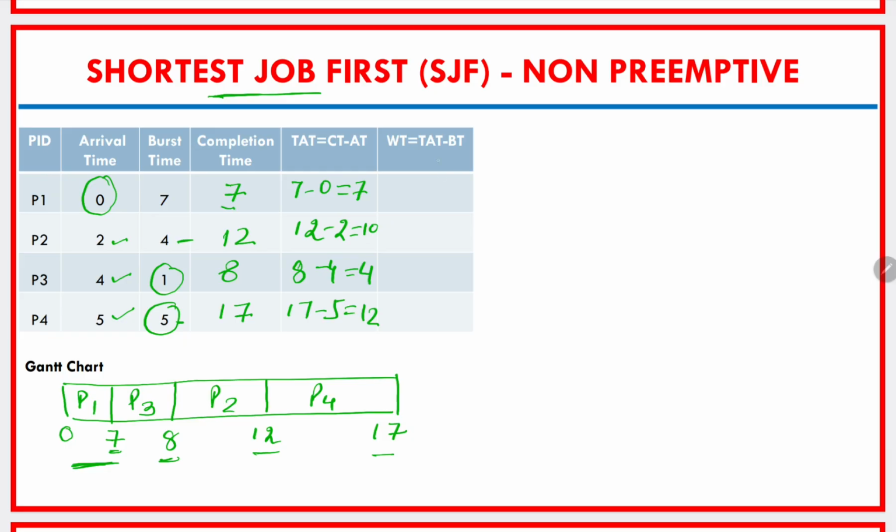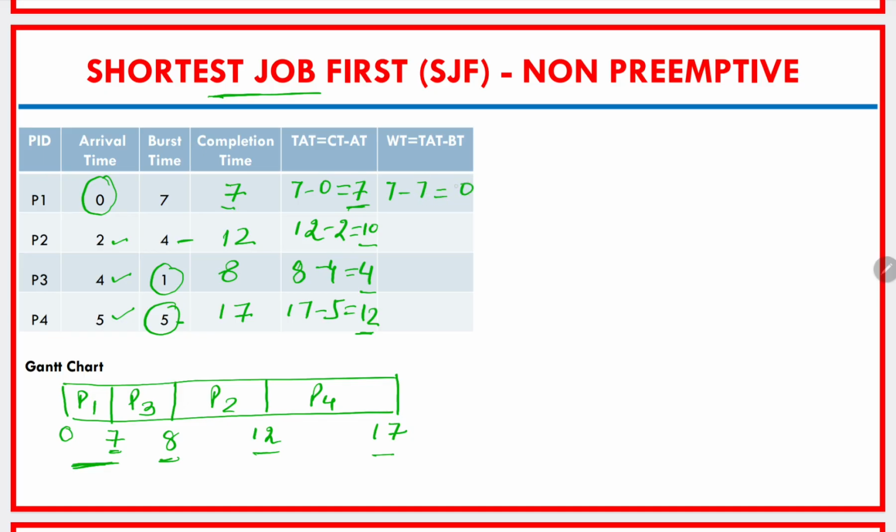So now let's calculate the waiting time. For waiting time, we will consider the turnaround time for the processes. The turnaround times are 7, 10, 4 and 12 for processes P1, P2, P3 and P4 respectively. For calculating waiting time, we need to subtract the burst time from turnaround time. Turnaround time is 7 for P1, and its burst time is again 7.